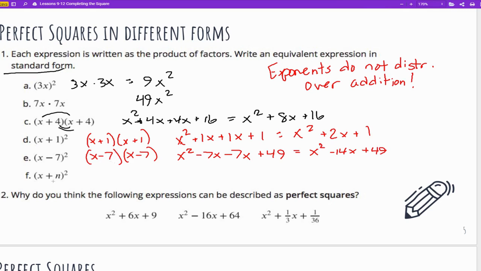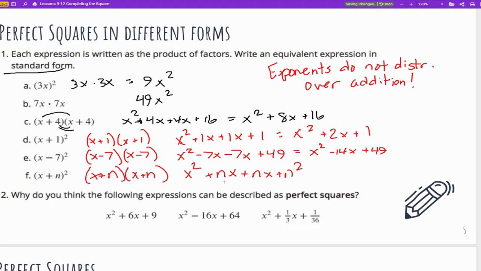So what would happen if we had n? When we notice a pattern like this and we think, hey, I've noticed that this result is consistent for a few different problems, let's try it with n, because if the same pattern holds with a variable, then it's actually true for all numbers. So let's try it out. What if I did x plus n times x plus n? What would happen? Well, I would get x squared plus nx plus nx plus n squared.